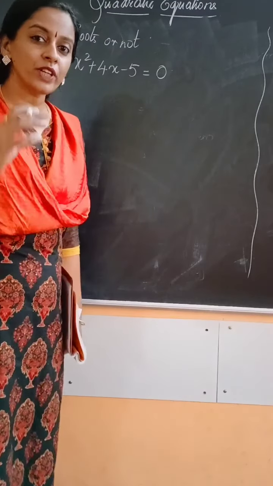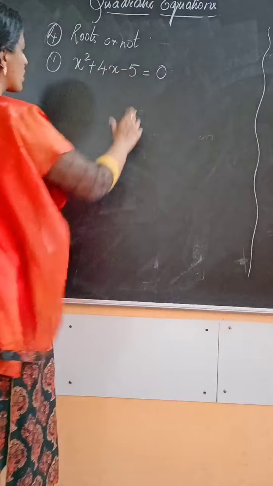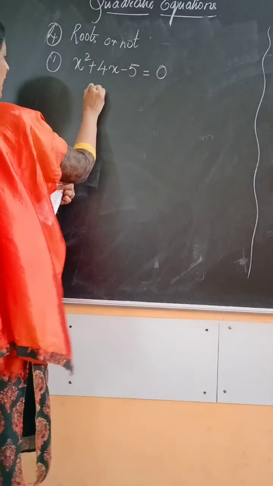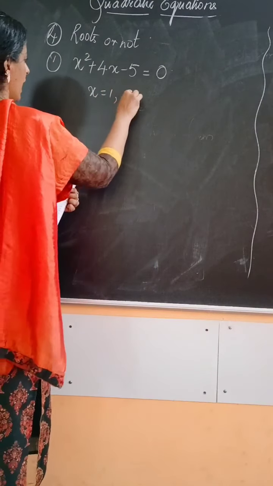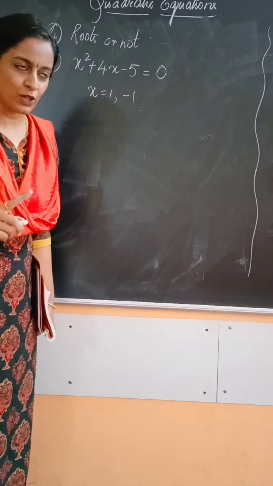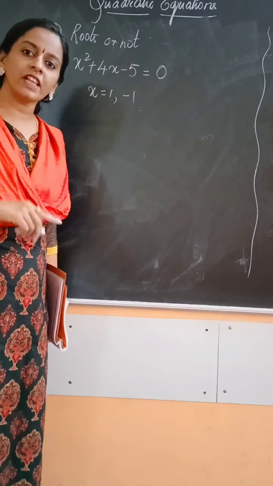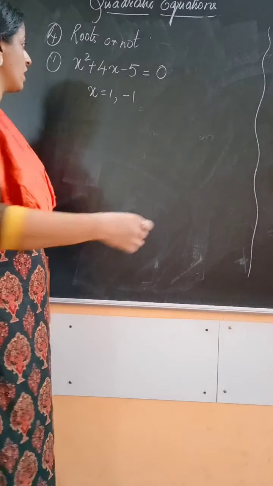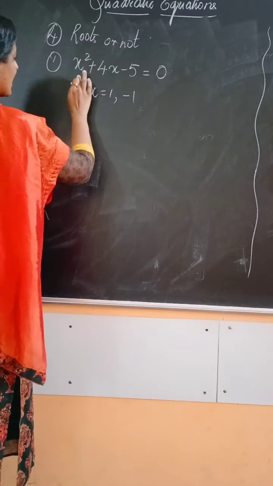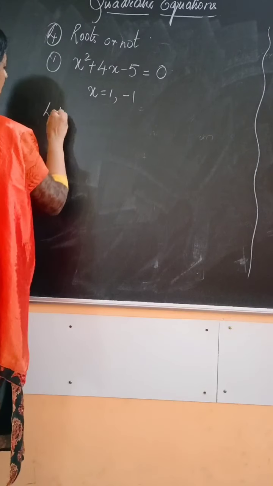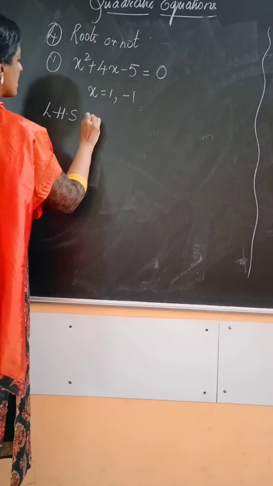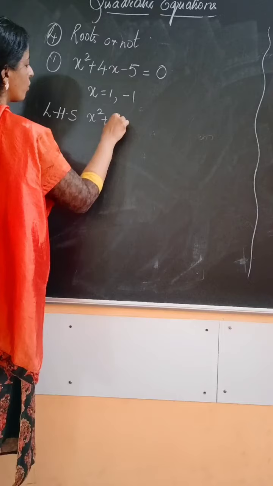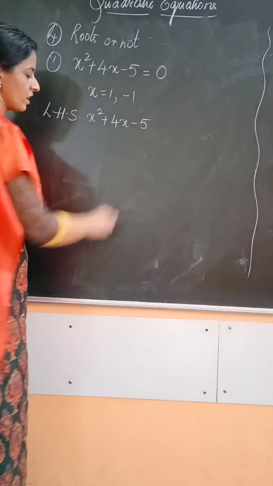So they are asking us to determine whether the values given, what are the values given? X is equal to 1 and minus 1. Whether the values given are solutions or not. That is the question. So let us write the LHS part: x square plus 4x minus 5.